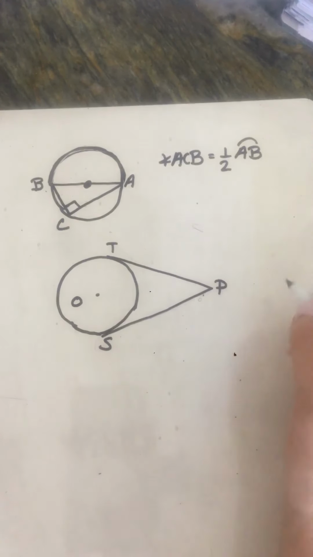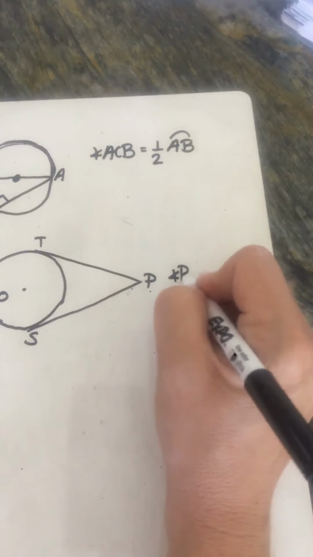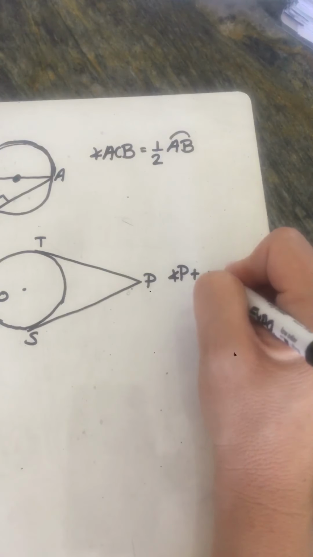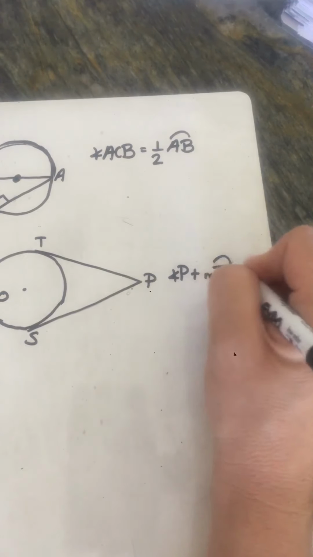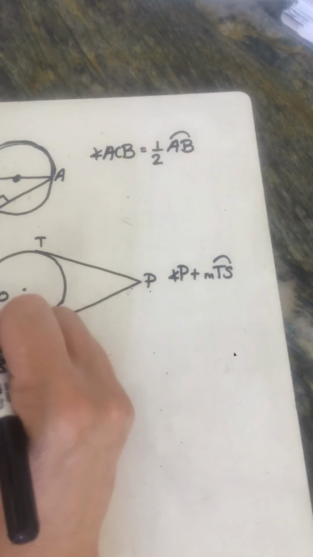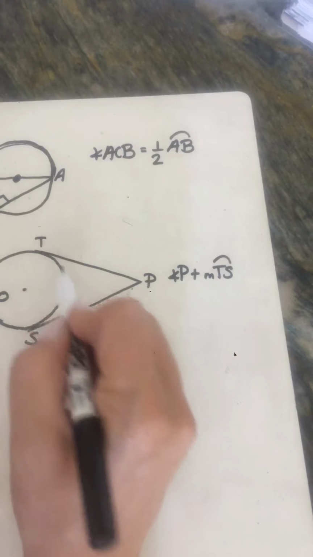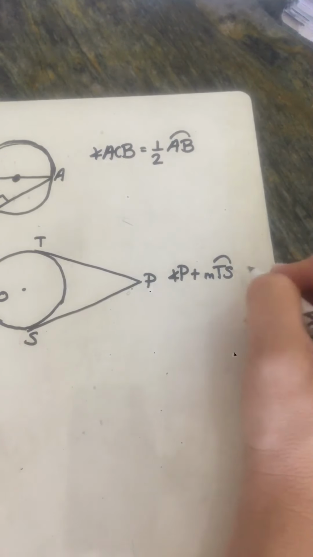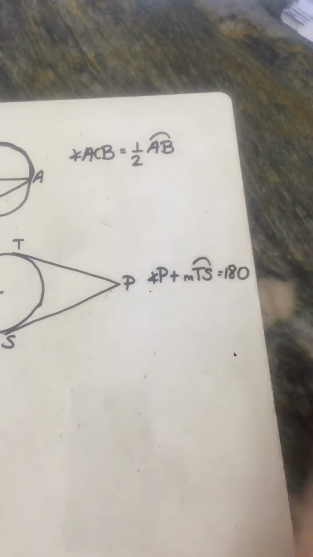This angle P plus the measure of arc TS, not the large arc, the major arc, but minor arc TS, that sum is going to equal 180 degrees.